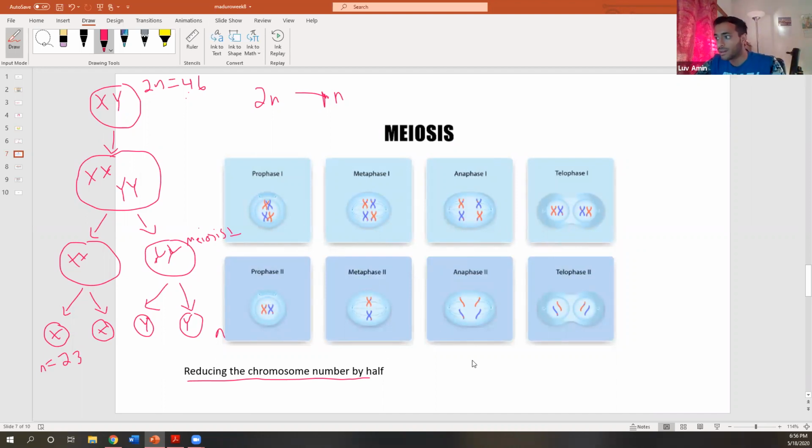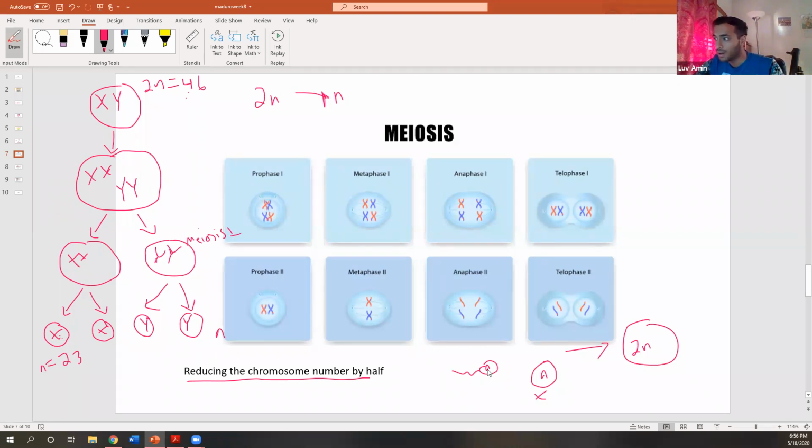And that's why when we talked about having a sperm cell and an egg cell, so here's a sperm cell, right? And here's an egg cell, and that forms a zygote, right? So there's an N and an N forming a 2N, right? So there can either be an X sperm cell that joins with an X from the egg, and that'll make a female, or it can be a Y sperm cell, right?